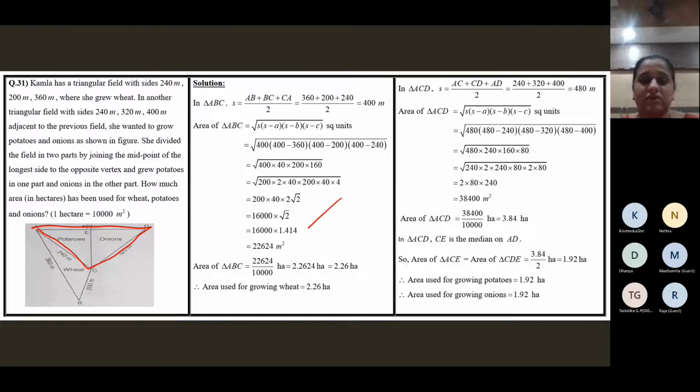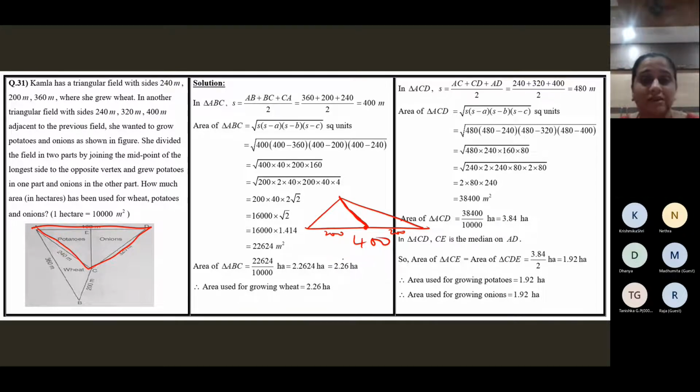In a triangle, we'll take the same measurement 400. The midpoint here, so it's 200 here and 200 here. When I connect the midpoint to the opposite vertex, this line segment is called the median. And what is the property of the median? The median divides a triangle into two triangles of equal area.